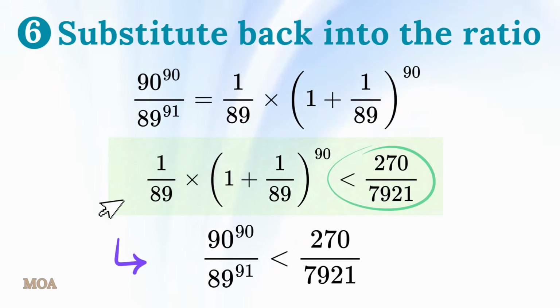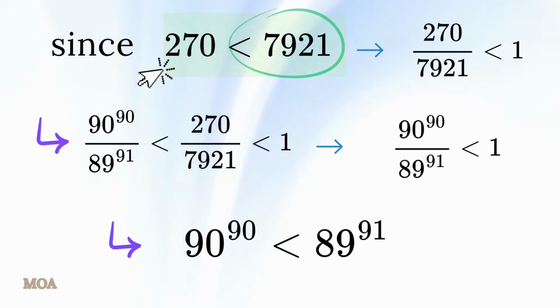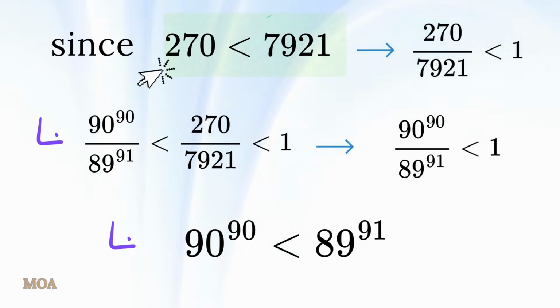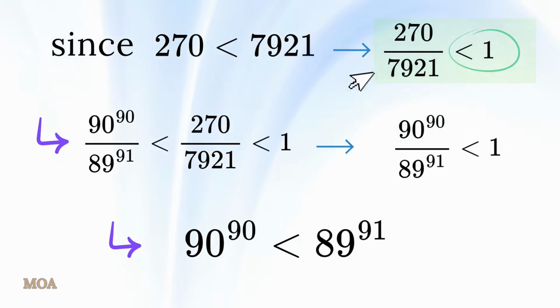And since this entire expression is strictly less than 270 over 7,921, this directly yields 90 to the power of 90 divided by 89 to the power of 91 is strictly less than 270 over 7,921. Since 270 is strictly less than 7,921, this implies that 270 over 7,921 is strictly less than 1.